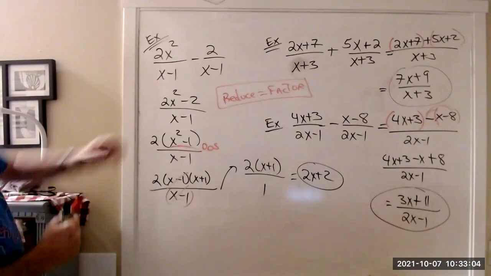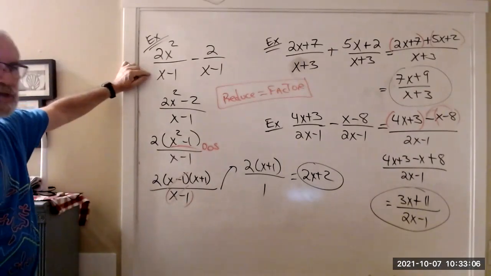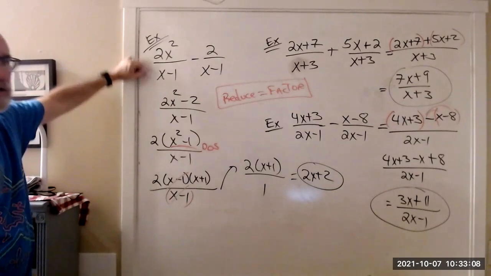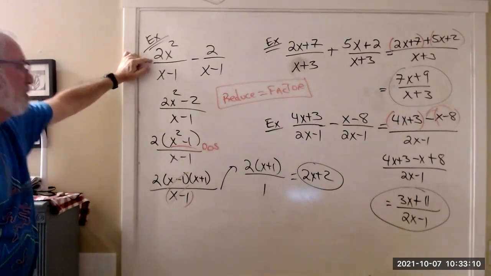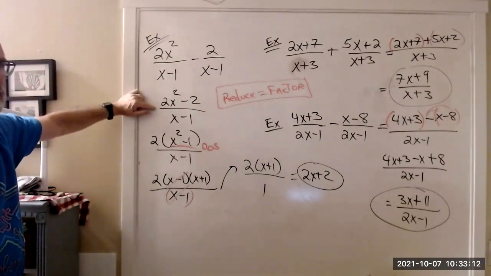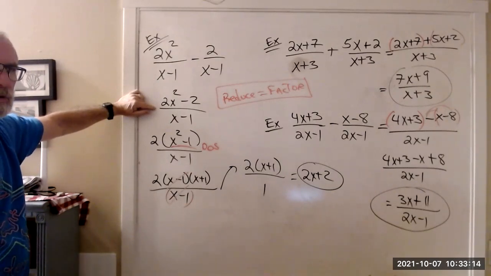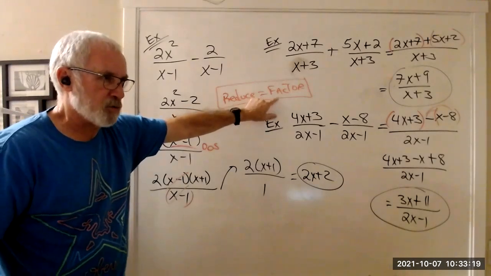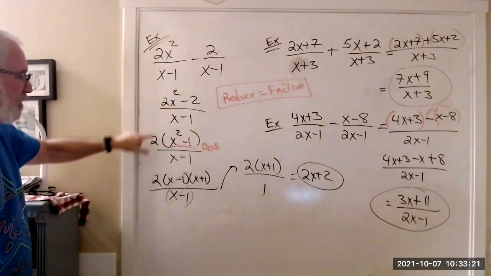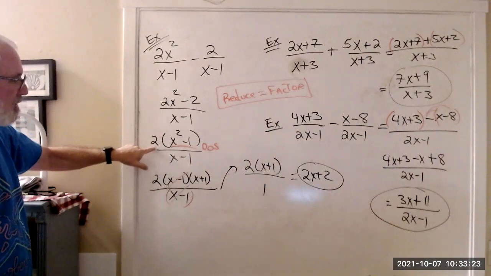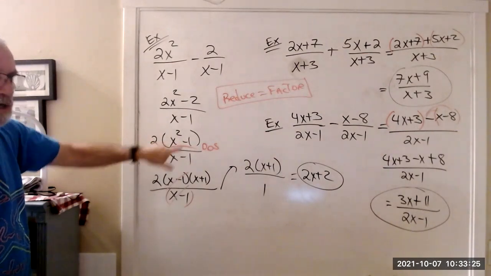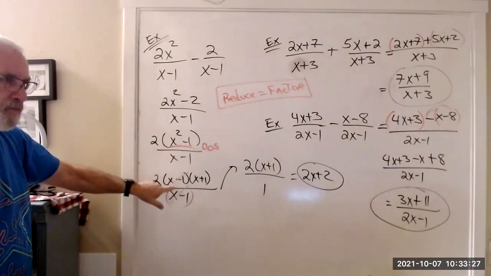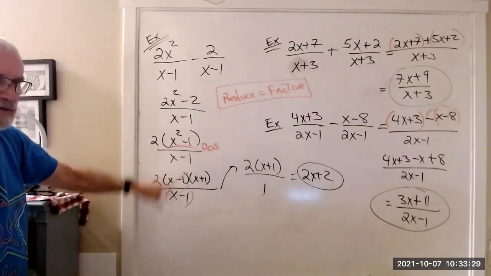Okay, so again, the two denominators were the same, so I just subtracted the tops, the numerators. But then I said, oh, wait a minute, it might reduce. Reduce means factor. In algebra, it does. So we factored it, took out a 2 that they had in common, and said, oh, DOS, I factored the DOS problem, and now I can see parts of it canceled out.